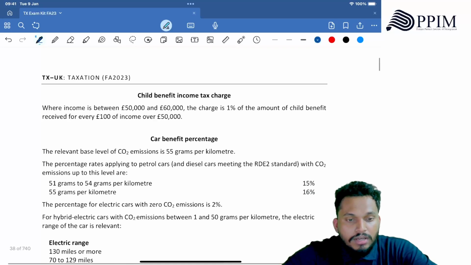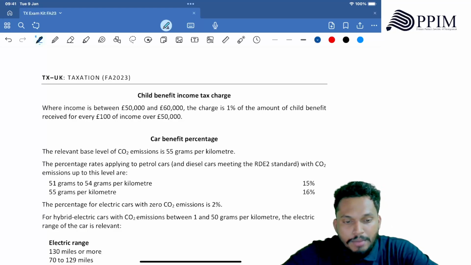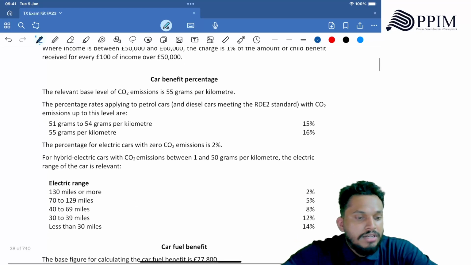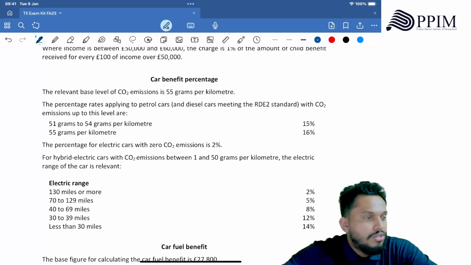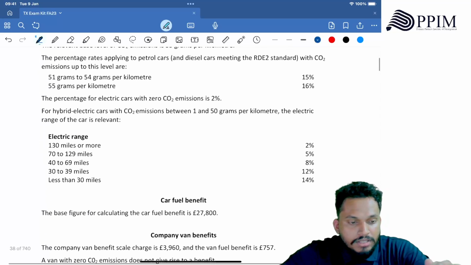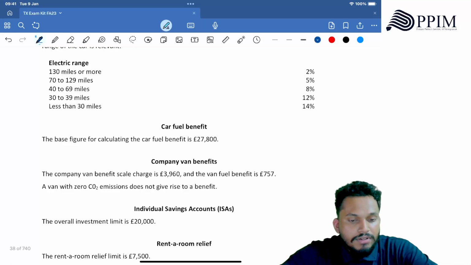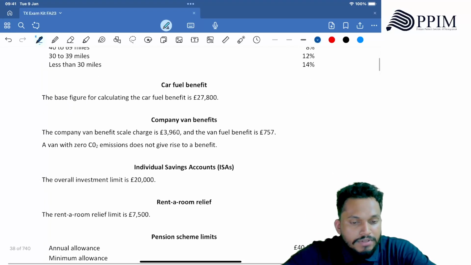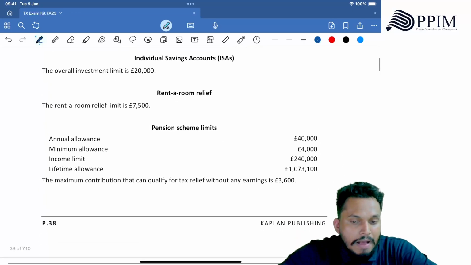And then they are talking about the child benefits. You know what happens for the child benefit if it is falling between 50,000 and 60,000. Then car benefits percentage, if it is 51 grams and 55 grams or lesser, what you need to do. Then they are talking about the electric car mileages, car fuel benefit, company van benefits, ISA savings, rent-a-room relief, and the pension schemes.